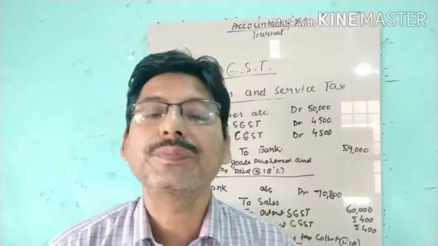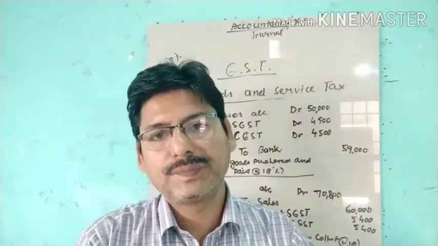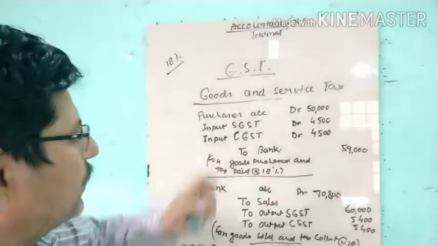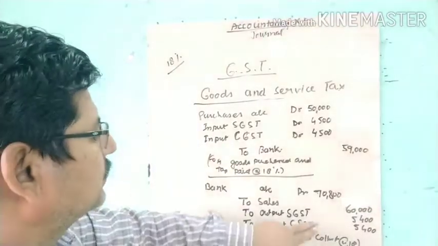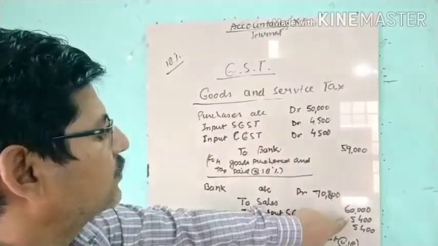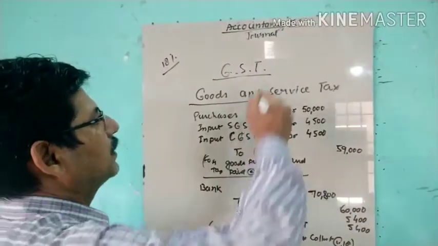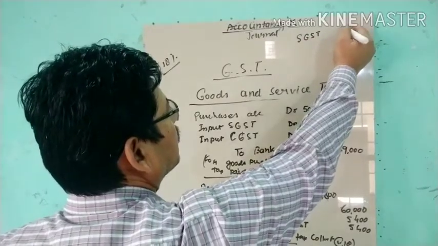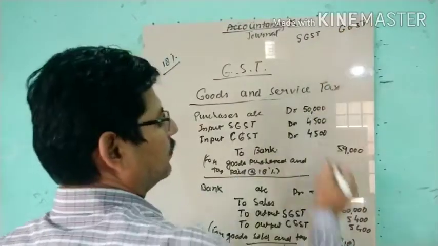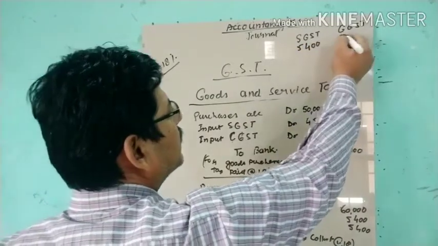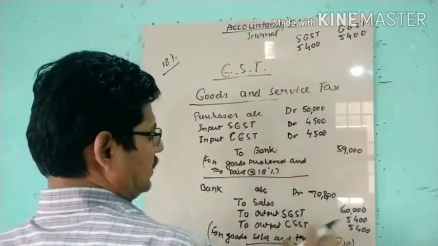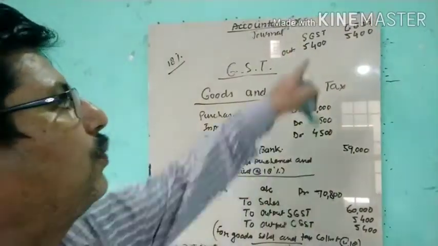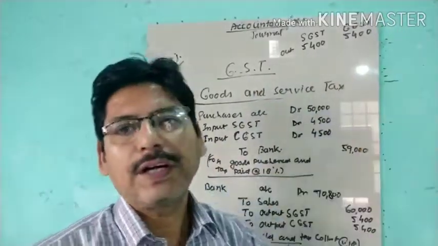Now come to the adjustment part. How much tax have we collected? Output SGST we had collected 5,400, and output CGST 5,400.